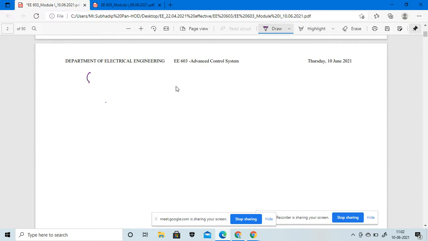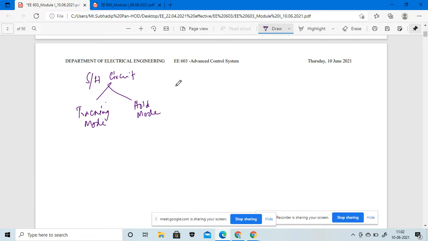It consists of two different modes: one is the tracking mode, and another one is the hold mode. So the tracking mode and the hold mode are the two modes of operation for the sample and hold circuit.